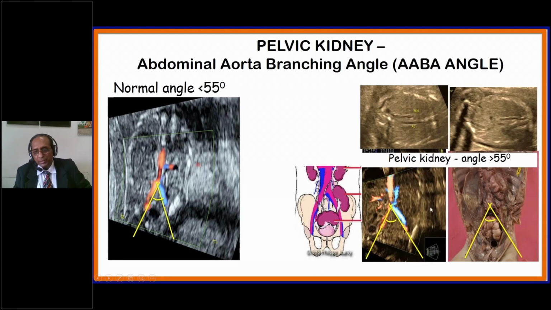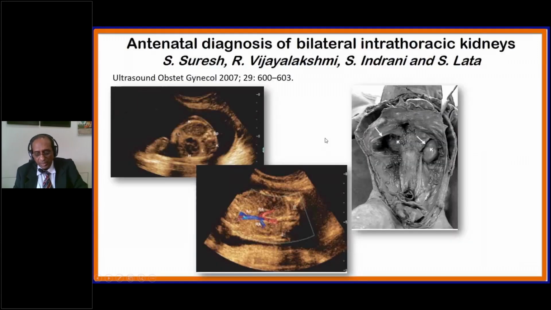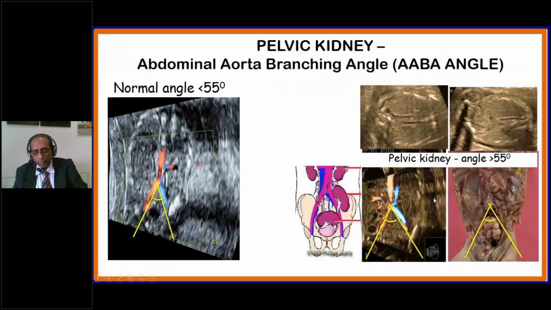Whereas in this patient, where the kidney was identified in the pelvis, the abdominal aorta branching angle was more than 55 degrees. This tells you that this kidney is occupying the area between the two iliac arteries, which widens these vessels, thus increasing the angle.